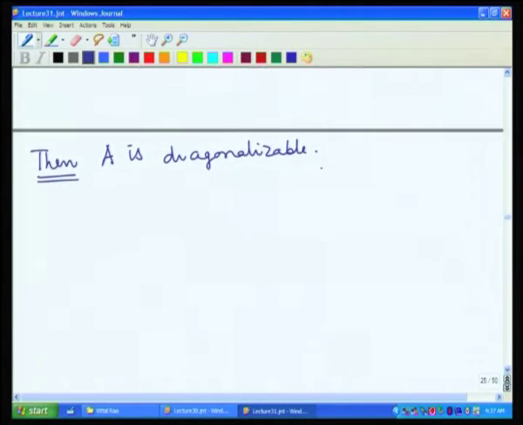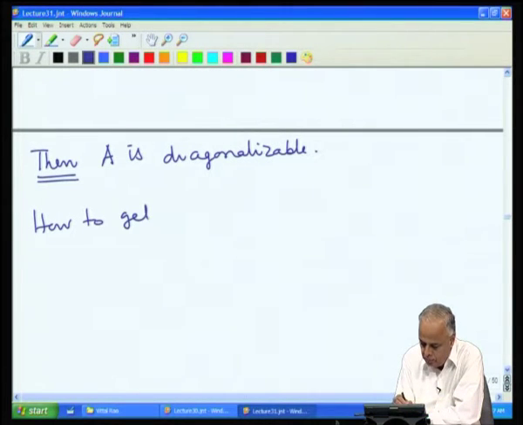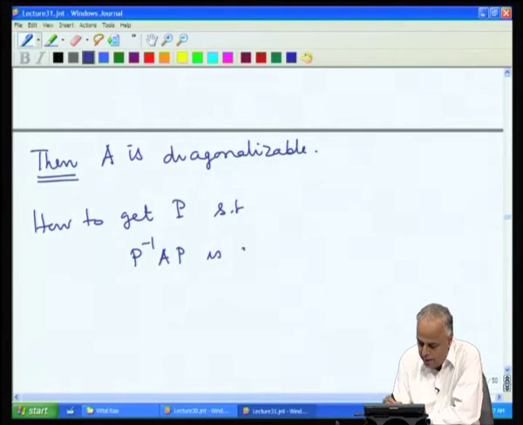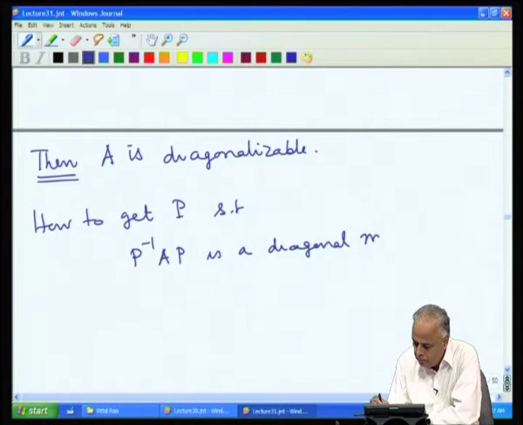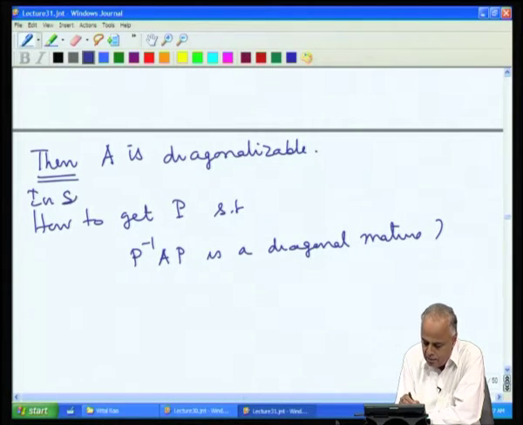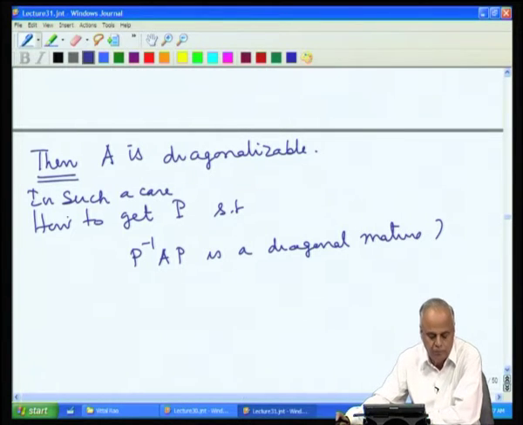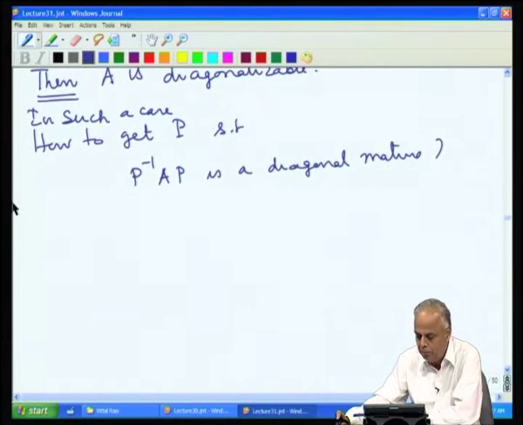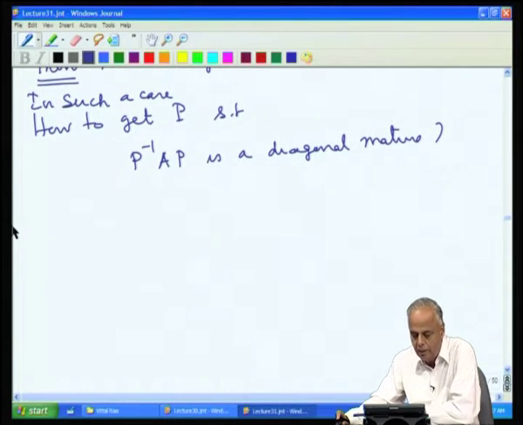So, how do we get P such that P inverse A P is a diagonal matrix? In such a case, how do we get the P matrix, so that P inverse A P is a diagonal matrix?